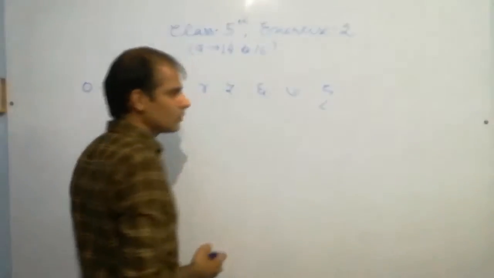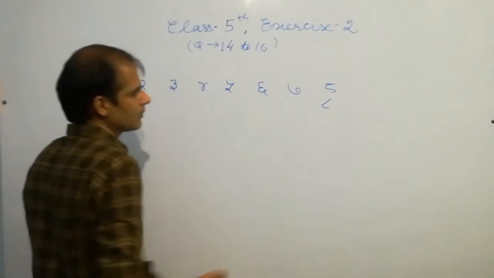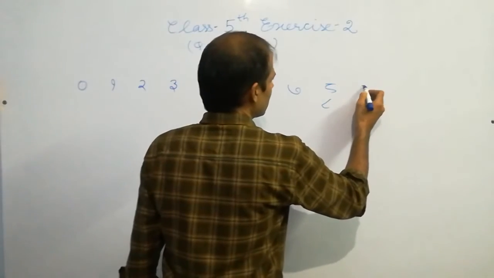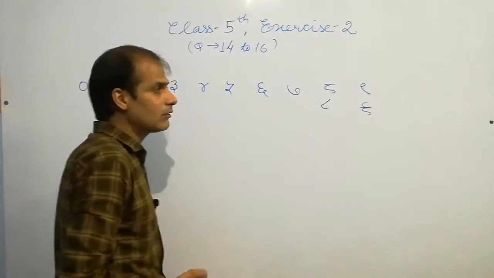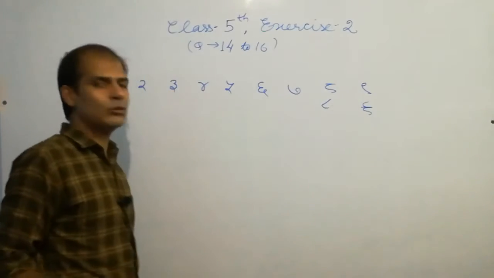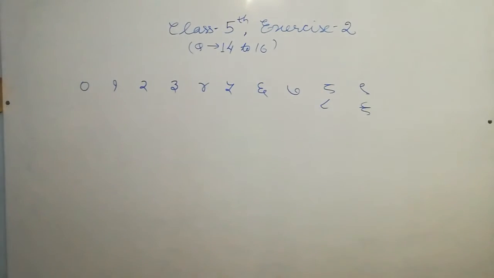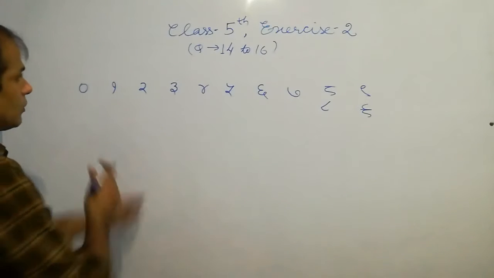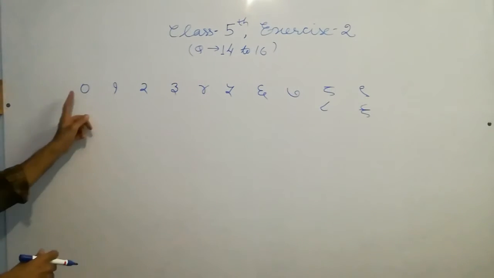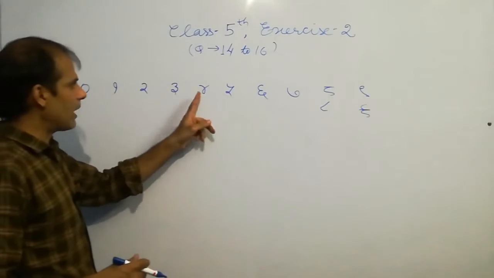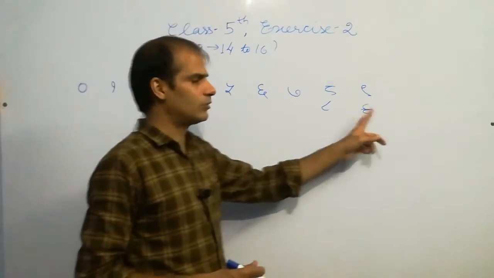Sometimes 8 is also written like this, and 9. Sometimes 9 is also written in this way, and no need to write 10 because 10 means 1 and 0. So we have to use these 10 digits.